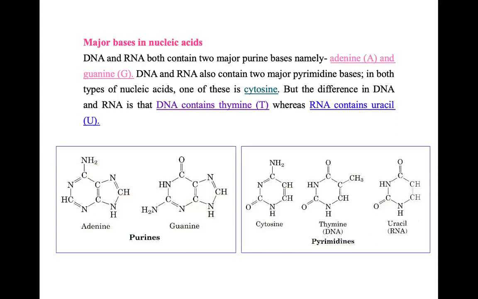If you are asked what the chemical or structural differences between DNA and RNA are, you can say DNA is composed of adenine, guanine, cytosine, and thymine, and RNA consists of adenine, guanine, cytosine, and uracil, no thymine. So ATGC in DNA, and AGCU in the case of RNA.